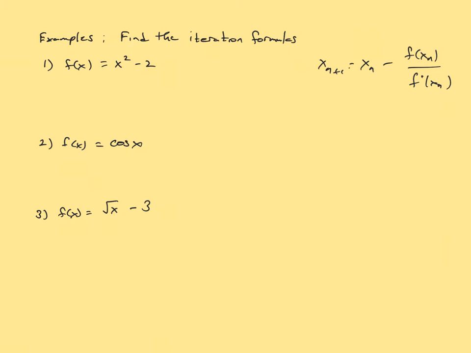In this first problem, f of x is x squared minus 2, and therefore f prime of x is equal to 2x. So our iteration formula in this case is x sub n plus 1 equals x sub n minus x sub n squared minus 2 over 2 x sub n.